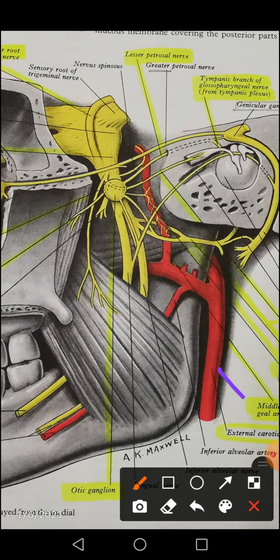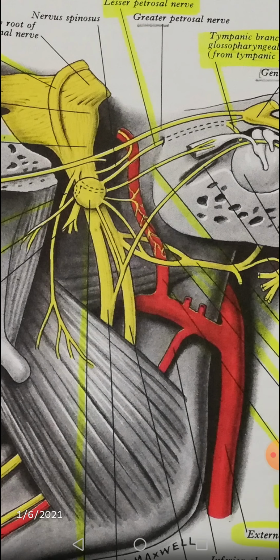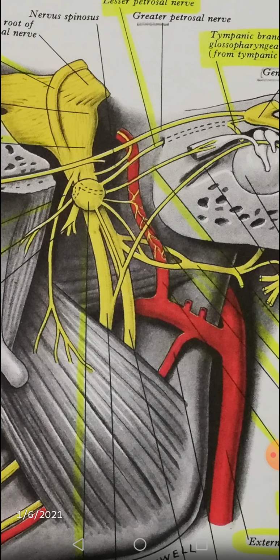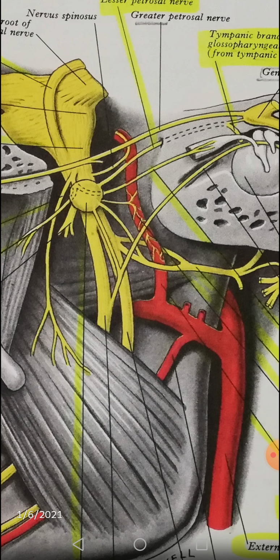Now you are looking at the middle meningeal branch coming from the maxillary artery, and here you see the formation of the sympathetic plexus. This sympathetic root is basically derived from the plexus around the middle meningeal artery, as I have mentioned.